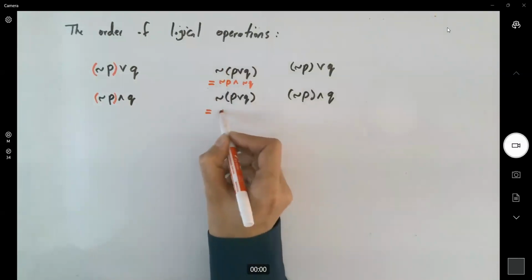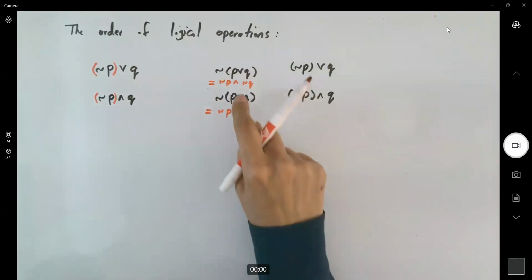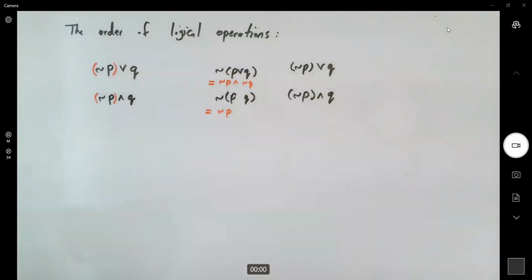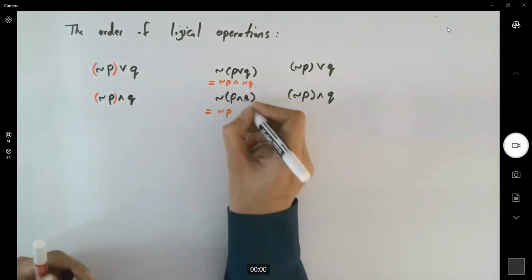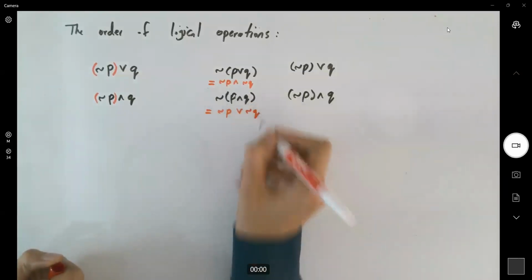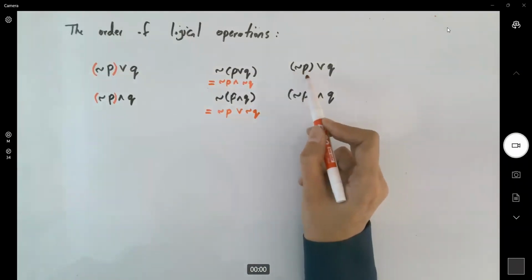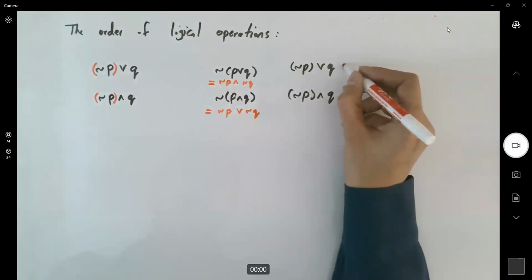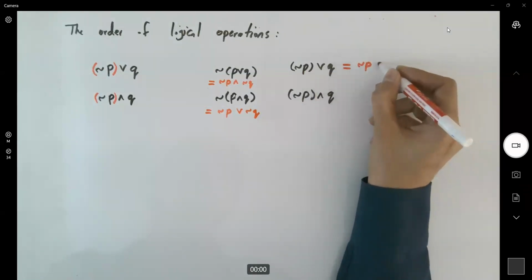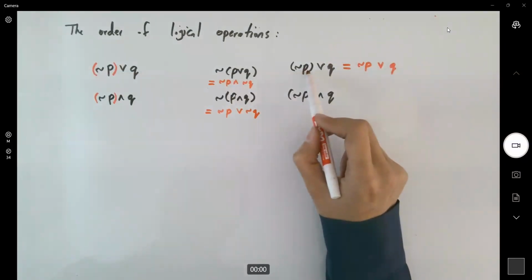This one is equivalent to not P and, let me write this as and, we already have the and after. So here and Q, then it's going to be not P or not Q. So instead of writing not P inside parentheses, you're just going to write it as not P or Q. It's already understood that when you have the negation next to a statement, that belongs to that statement.